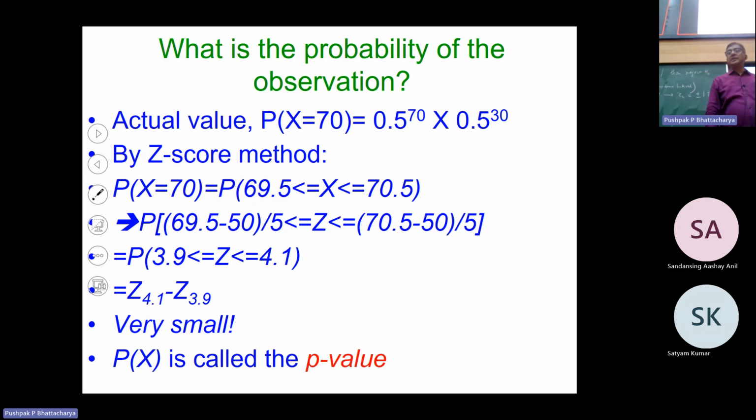No. What is Z of 4.1? Yeah. Okay, complete the story. The Z of 4.1 is the area under the standard normal curve from minus infinity to 4.1. And Z of 3.9 is accordingly the same, right? So how much is this value?